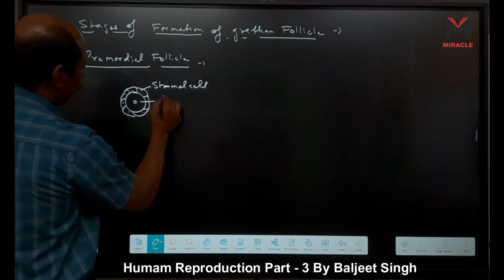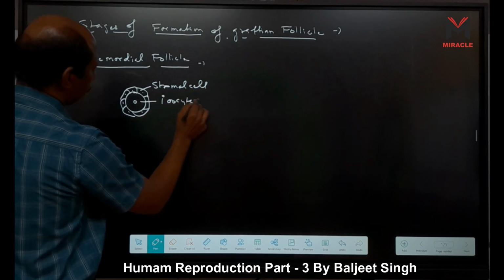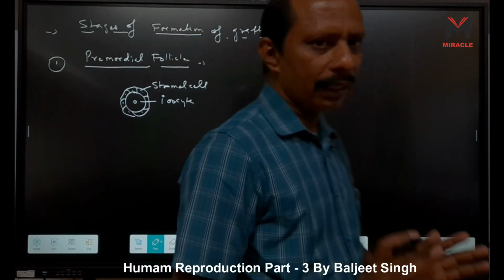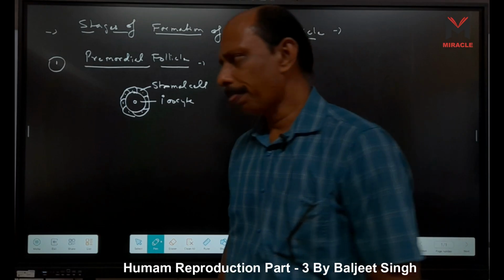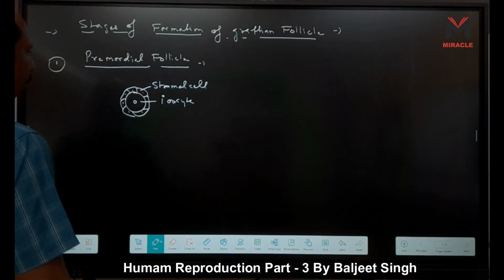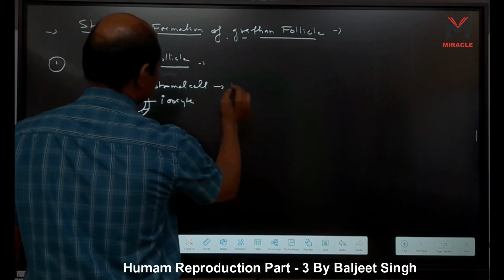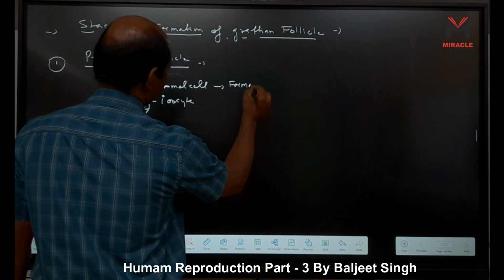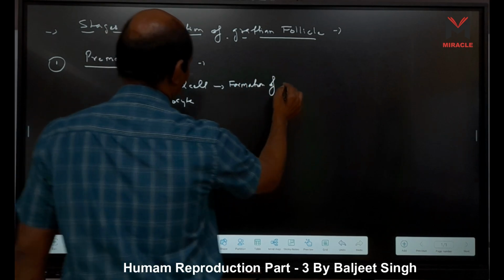And this is the primary oocyte. So first, this primary oocyte is surrounded by some flat stromal cells, because these cells are responsible for the formation of the follicle.